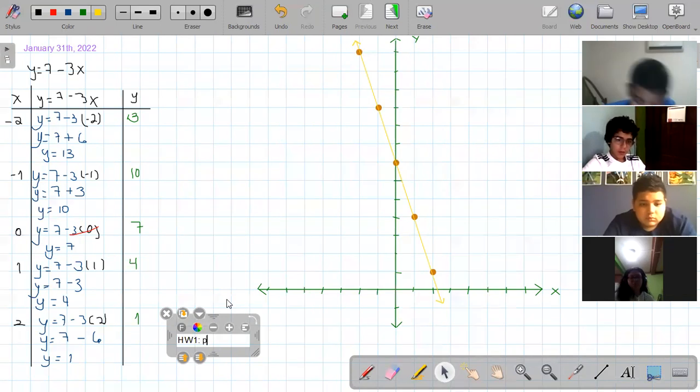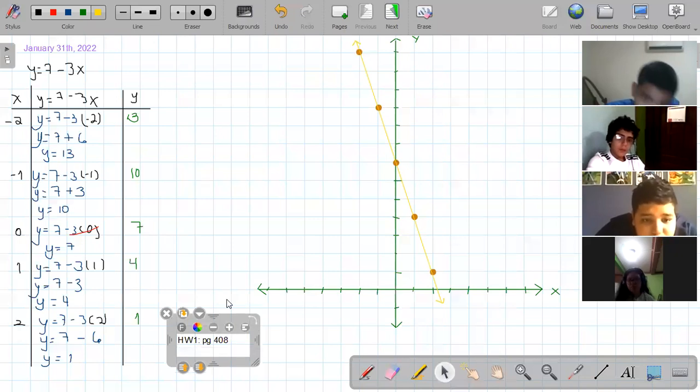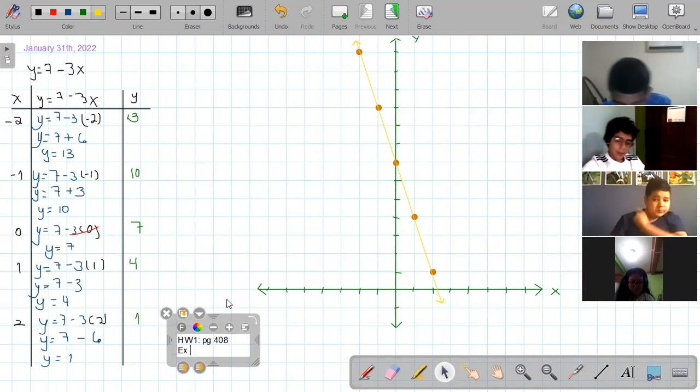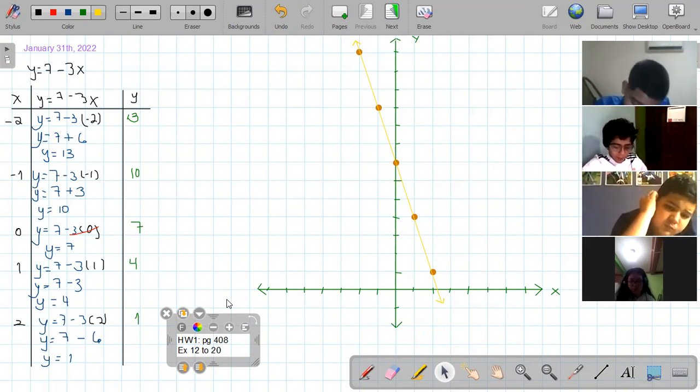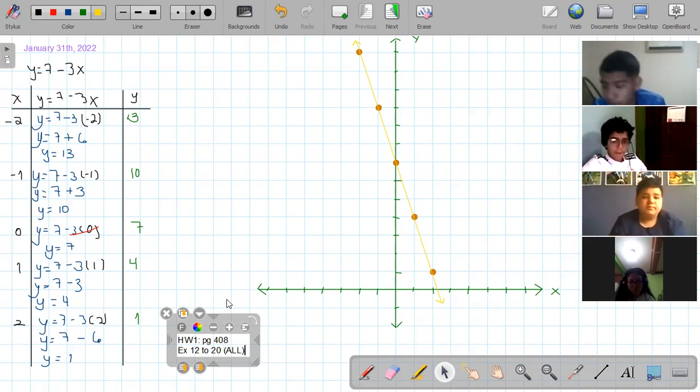Your homework 1 will be from your textbook on page 408, and you're going to be solving exercises 12 to 20. Okay, all of them. There are 9 exercises from 12 to 20.